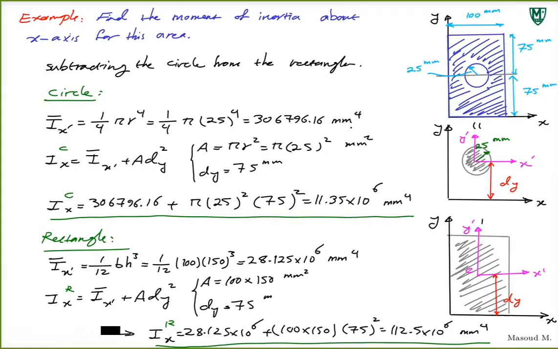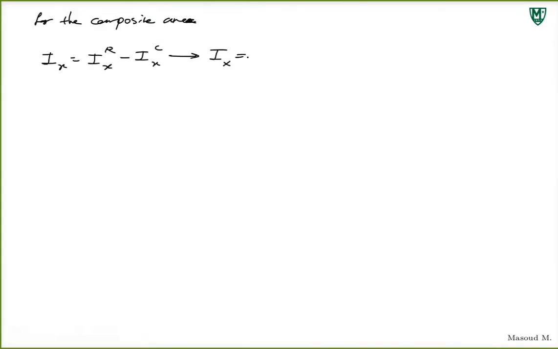So for the composite area, you get Ix is equal to Ix for rectangle minus Ix for circle. You have both numbers. You'll get Ix as 101.15 times 10 to the 6 mm4.